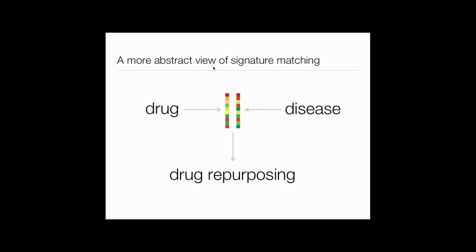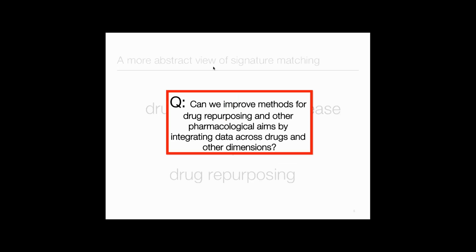On the other hand, when I think about this approach, I think about all of the other data surrounding the drug space, if you will, and the disease space, and so I'm asking the question, can we improve methods for drug repurposing and other pharmacological aims by integrating data across drugs and other dimensions?